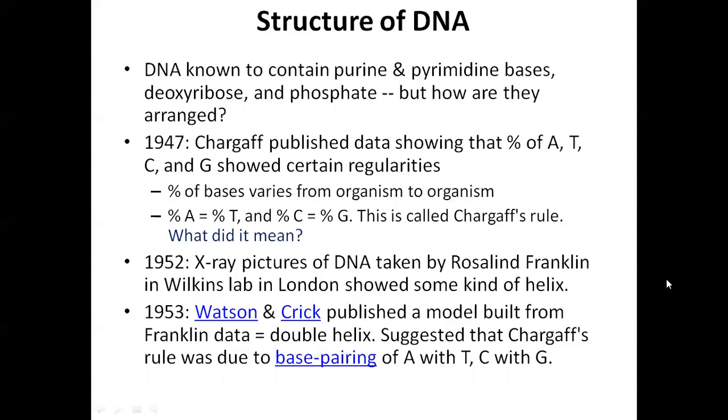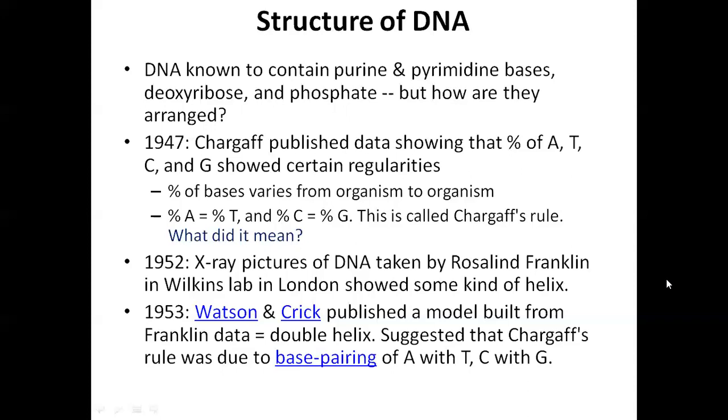What did it mean? In 1952, X-ray pictures of DNA taken by Rosalind Franklin in Wilkins' lab in London showed some kind of helix. In 1953, Watson and Crick published a model built from Franklin's data. It is nothing but a double helix structure.